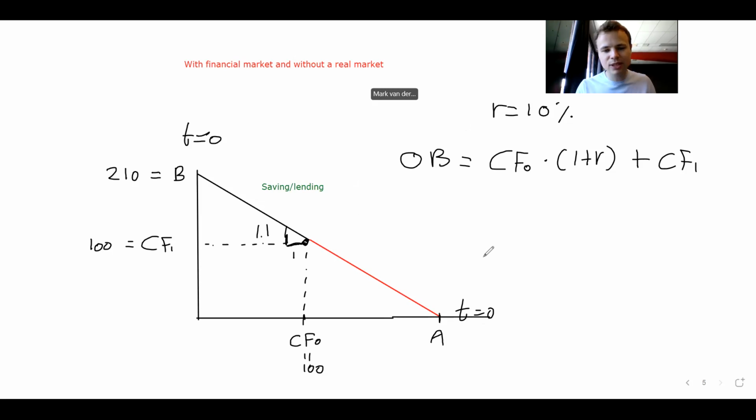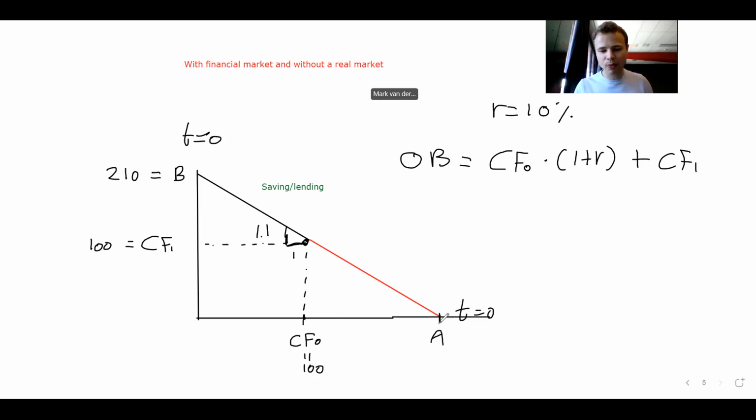And A is the maximum amount I can borrow. So if I go one step to the right, I basically borrow €1 extra so that I can consume 101 euro. But that means that I can consume less in the future. So if you now borrow €1, you consume €1 extra today, but you can consume 1 plus R less in the future. Okay.